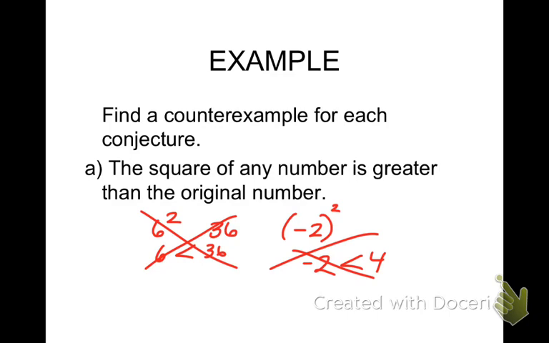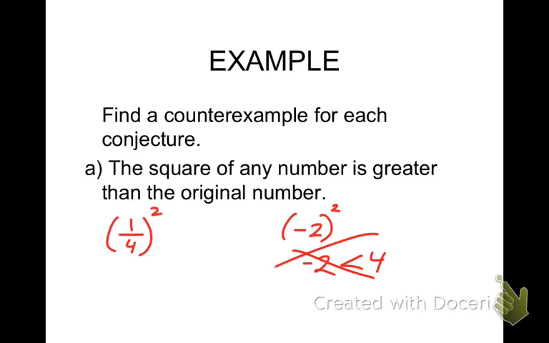There is something out there. A decimal or fraction, same thing. Someone give me a number. Let's do a fraction because that's easier. 1/4. Okay, so let's do 1/4. If you square 1/4, what do you get?